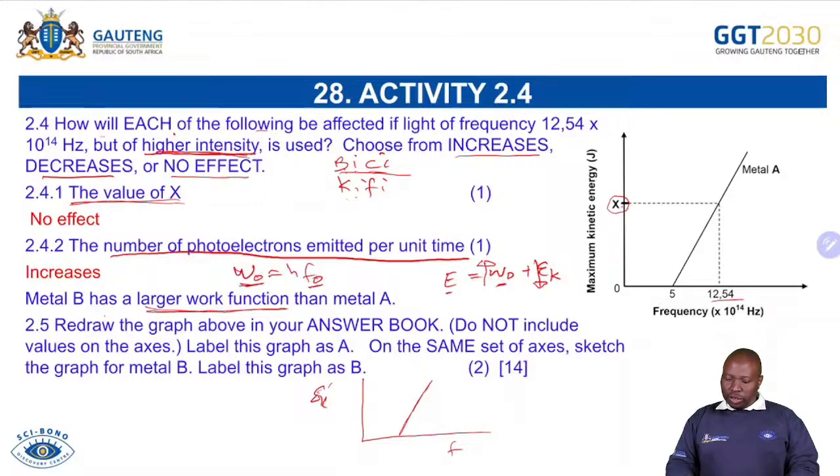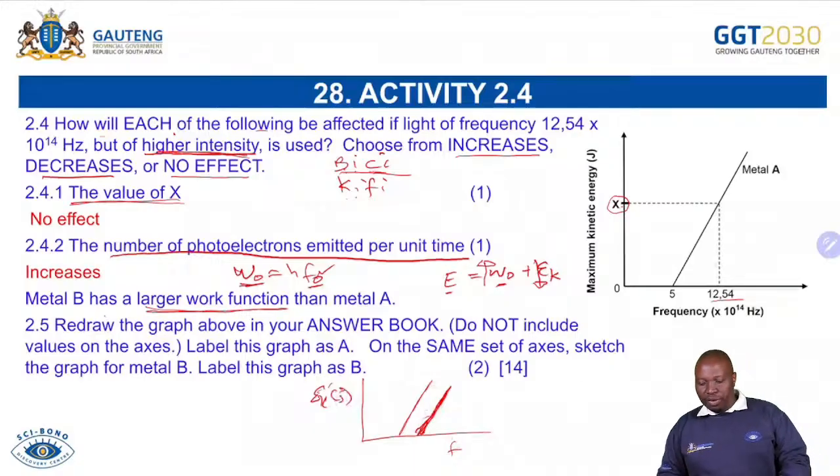threshold frequency. So definitely the threshold frequency for this one with a higher work function will be higher, hence it means more than 5. So it must be this side, the other graph that you are going to draw, it must be this side of your graph. So it must be somewhere there. They said don't include the values. The main thing they wanted to see is your EK there in joules and your frequency in terms of hertz here.